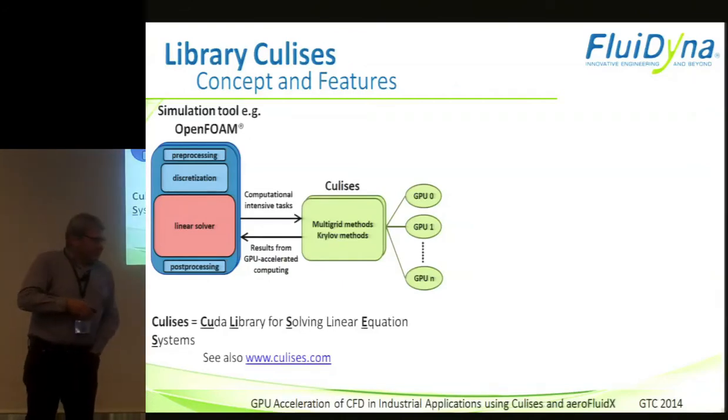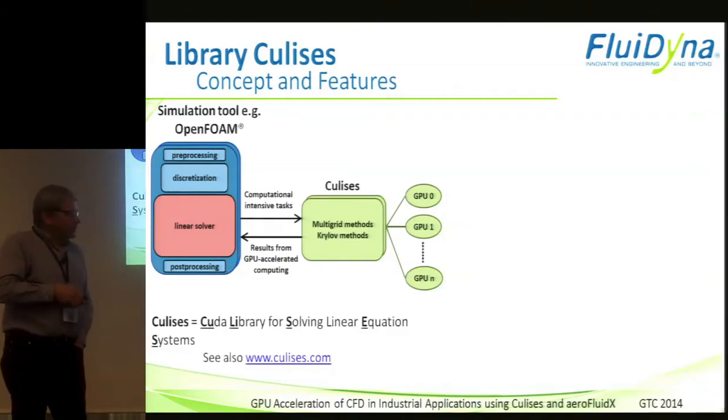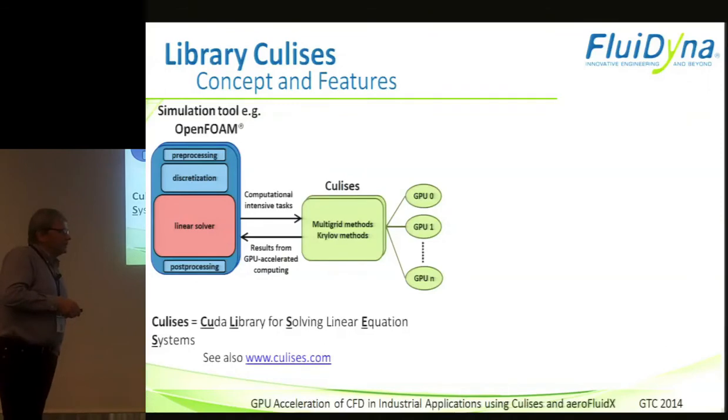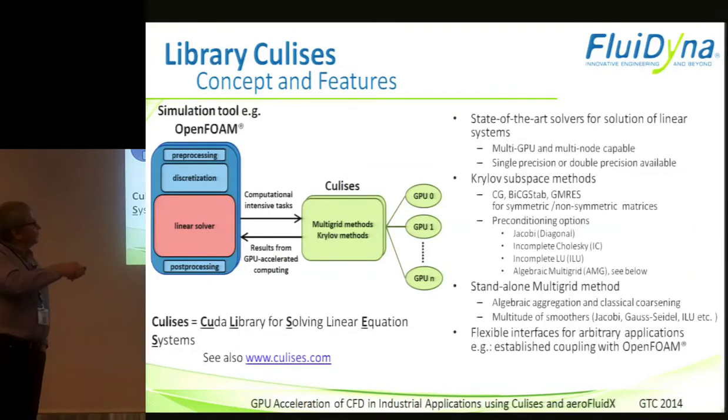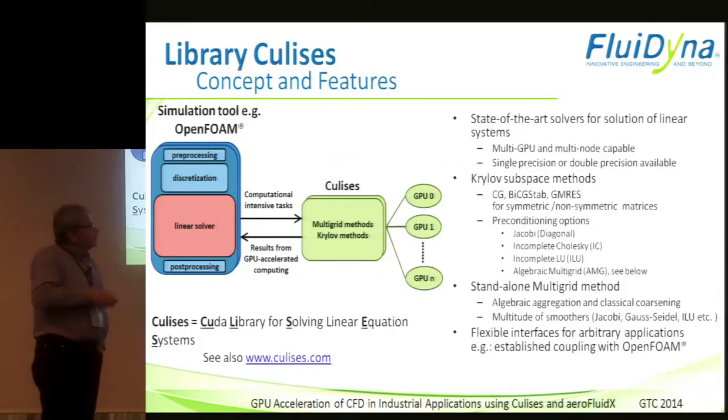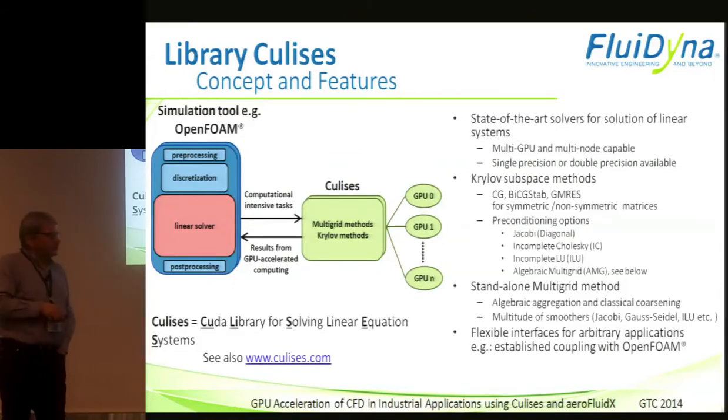Here's an example, some slides from Fluidyna about their Culises library, which they presented last week at GTC. So Culises is a state-of-the-art solver library for the solution of linear systems. It's multi-GPU supported and also multi-node capable.